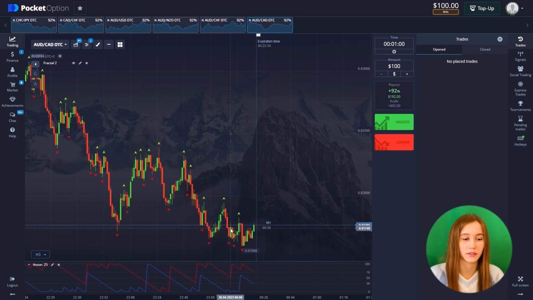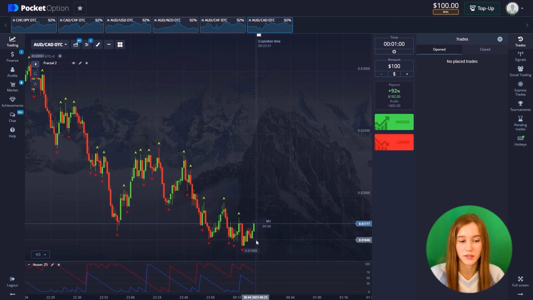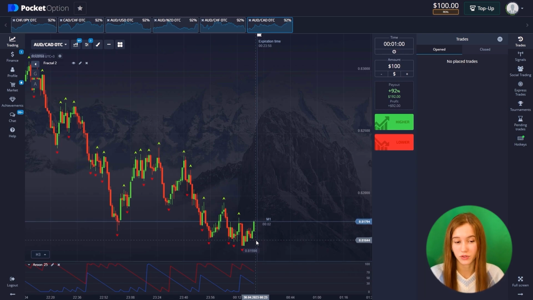Next is the second indicator. You see it at the bottom of the screen. Here the setting is 25 and the style is like this. This indicator uses the number of periods as the main parameter. These lines on the right, up and down, represent the percentage of time between the extremes.